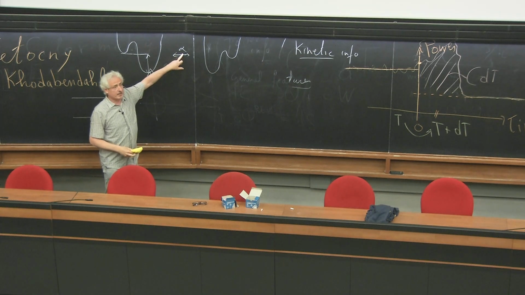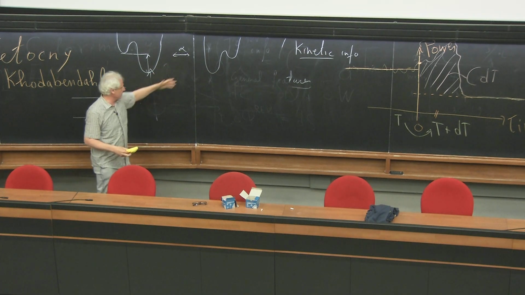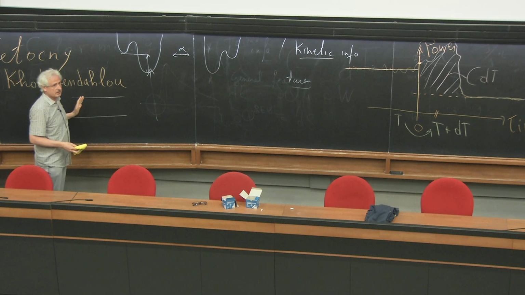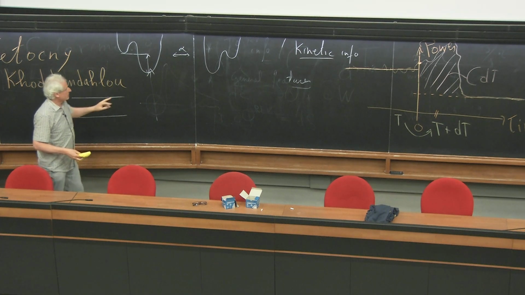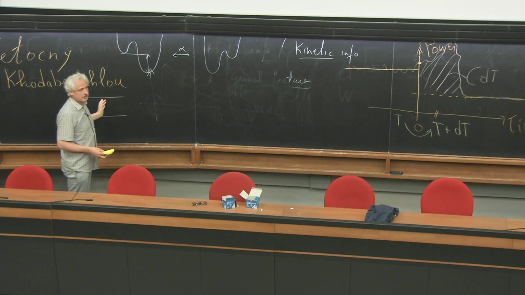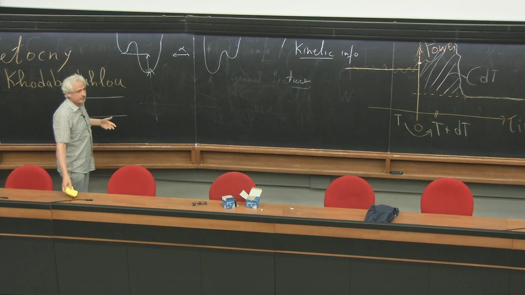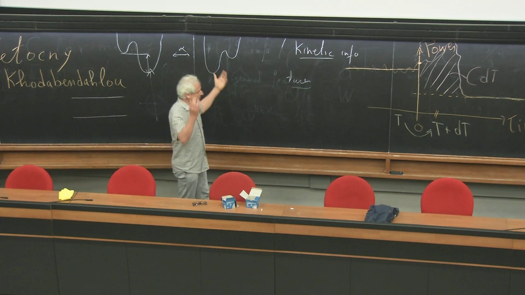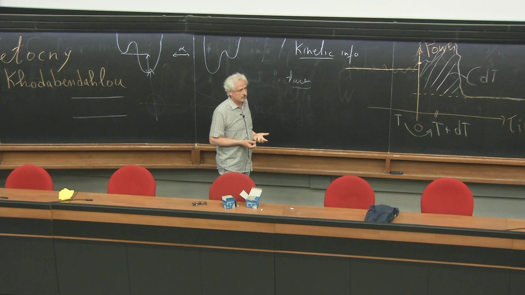So that's an extra parameter that will now be there. You will see it in the heat capacity, obviously. Now, suppose I do something different to switch it, you will see it in the heat capacity. So in other words, from the heat capacity, you will be getting hints about how it gets into non-equilibrium, what kind of non-equilibrium. That is what I meant also by this general term, kinetic information.